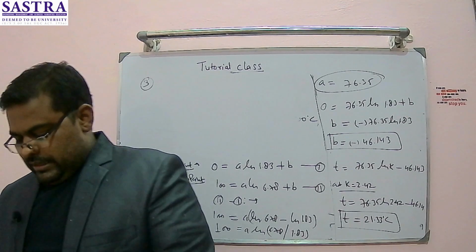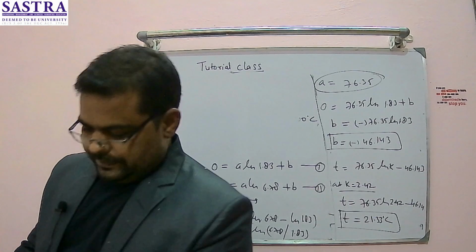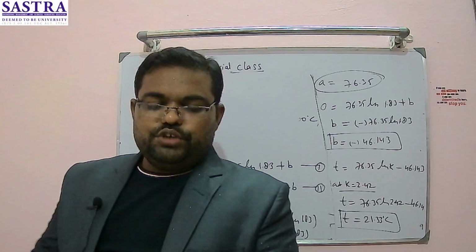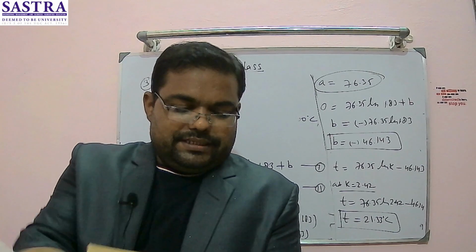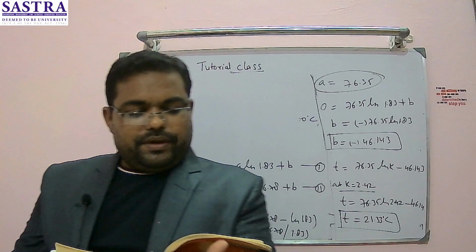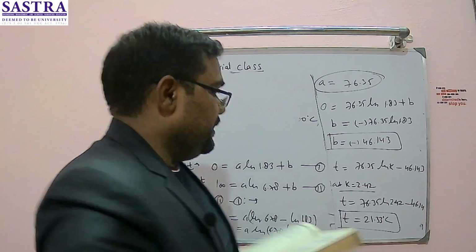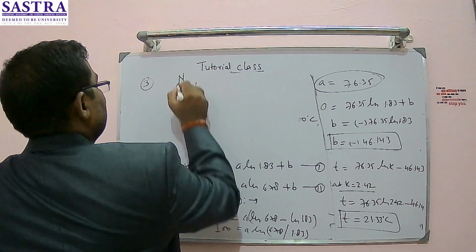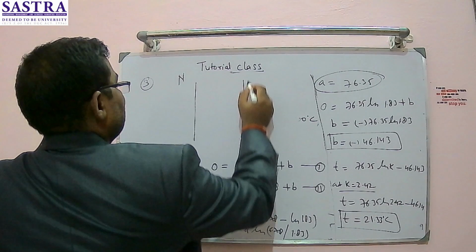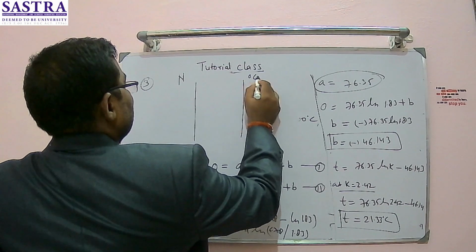So the next problem is: a new scale, capital N, of temperature is divided in such a way that the freezing point of ice is 100 degree Newton. So that is a new scale. I will say this is a new scale, and here is the degree Celsius scale.